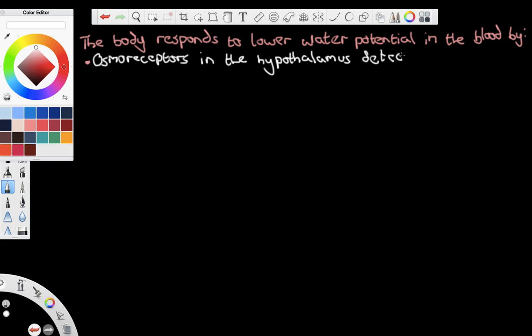Detect a drop in water potential in the blood.